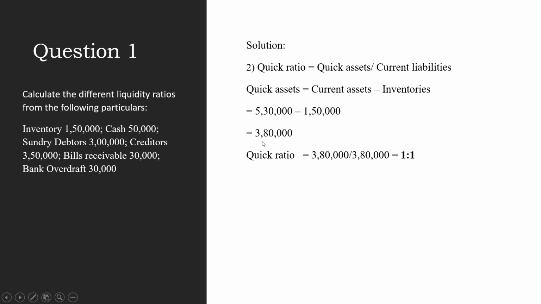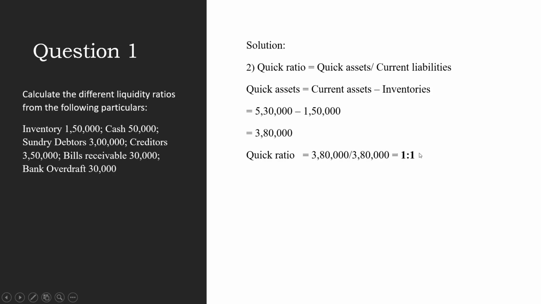So in this quick ratio, we put up the values now. Quick assets, how much we got? 3,80,000, and current liabilities, when we calculated the current ratio, how much was it? It was also 3,80,000. So when you divide this, you will get 1:1. Now we have to see whether this matches the standard or not. The standard quick ratio was 1:1, right? So in this case also we are getting 1:1.